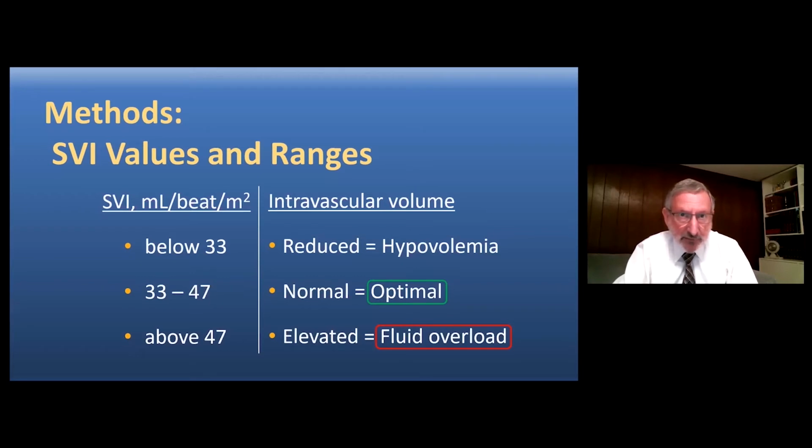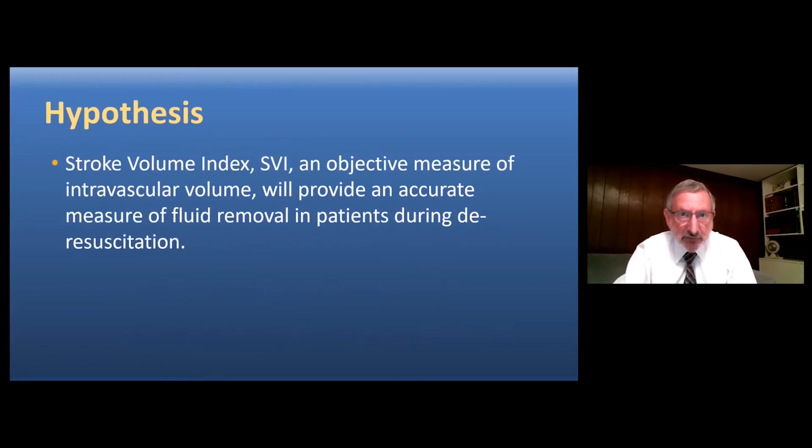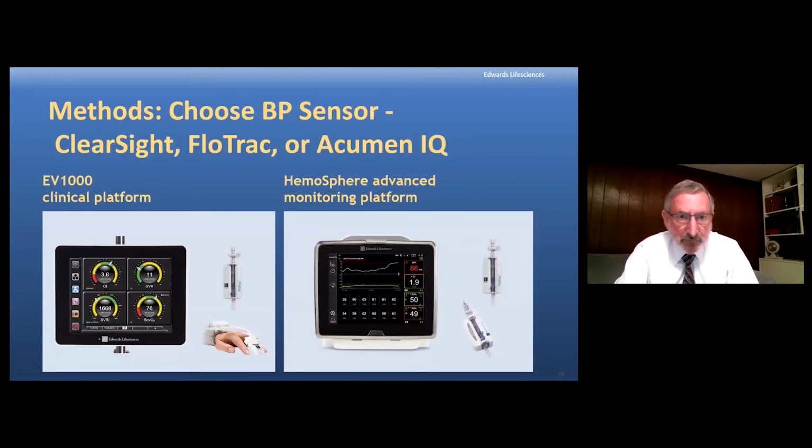We came up with this hypothesis: will the SVI act as a surrogate of the intravascular volume of the patient? So in the left platform here, the EV1000, you have a ClearSight on the finger or a FloTrac to connect to the arterial line, or in the Hemisphere, you have a FloTrac transducer or the new IQ Acumen transducer, which has more technology than a FloTrac, but still gives you, for this lecture, the SVI and the CI.